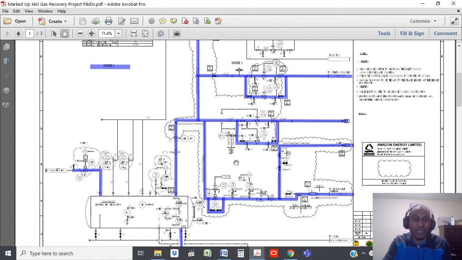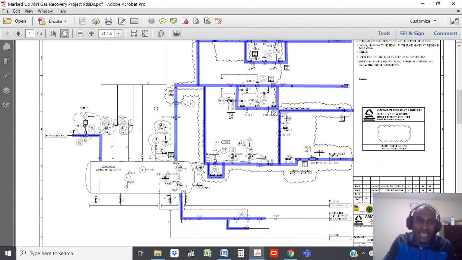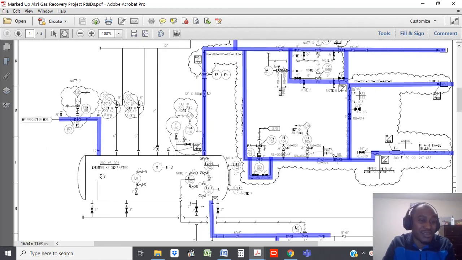Is this pump going to be on standby? Is it going to be a hot standby? Is it cold standby? If it's operating, do you have a minimum recycle line so that your pump doesn't cavitate or overheat? Those kinds of issues. That's what a HAZOP wants to pick up, amongst many other things.